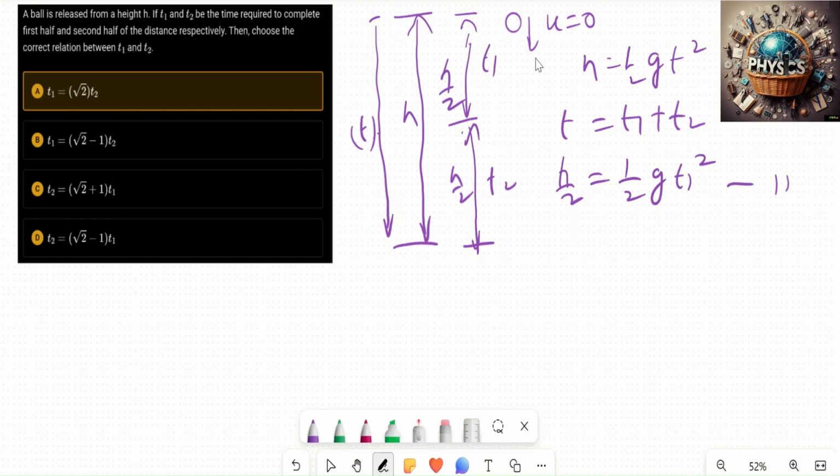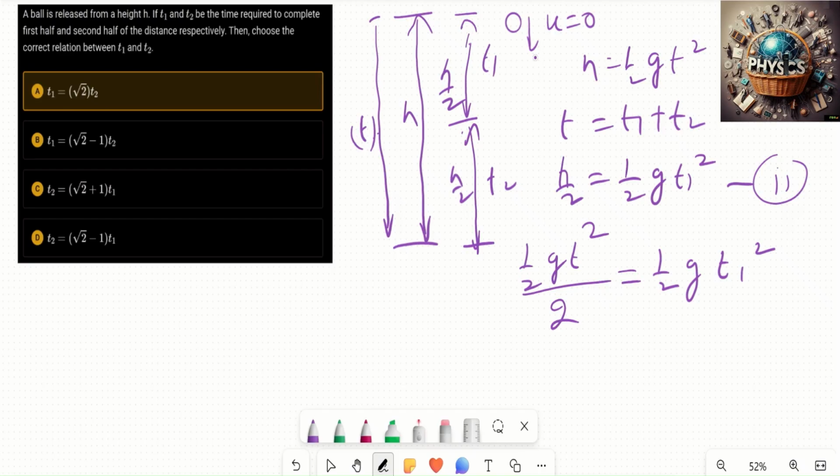So if we just compare these two equations, h by 2 is equal to 1 by 2 g t square, sorry, here it will be gt square, because this is the total time, by 2, because this is h by 2, that is equal to 1 by 2 g t1 square, right?